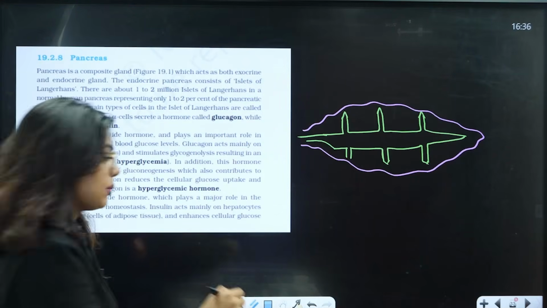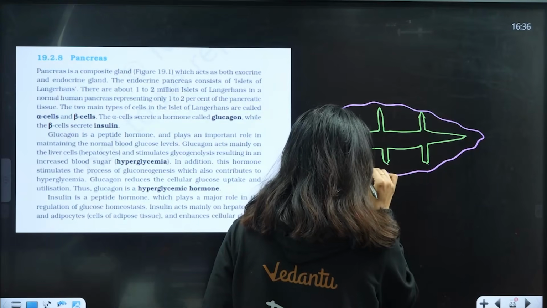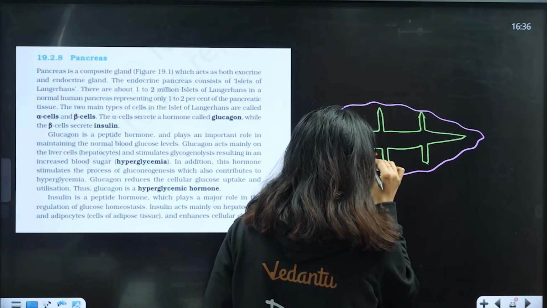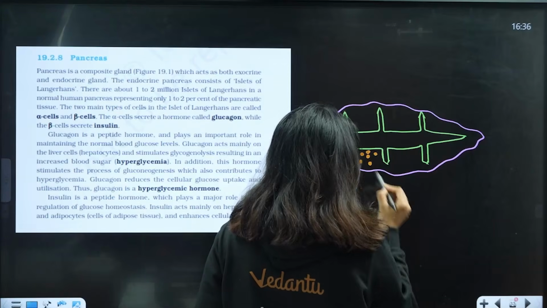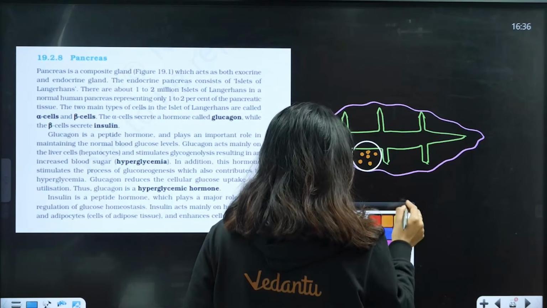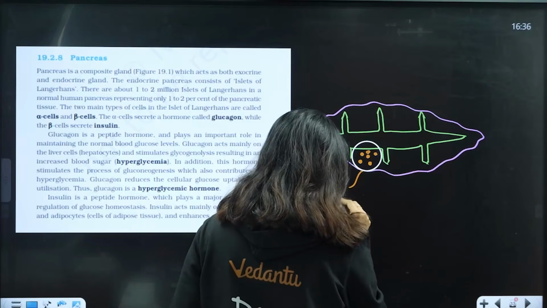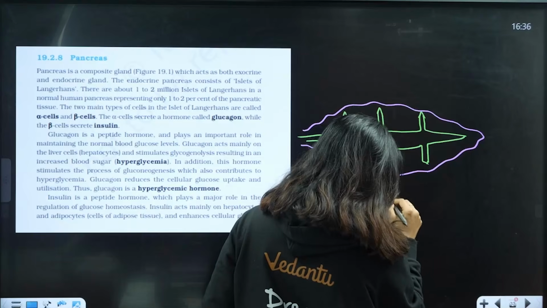Now here, students, remember that in the pancreas there is going to be a group of cells, and this group of cells is called what? Islets of Langerhans.